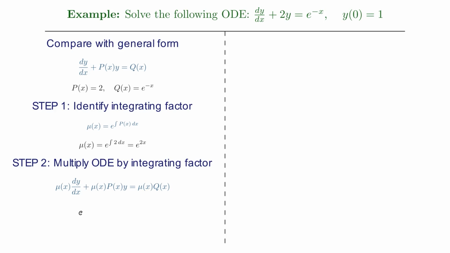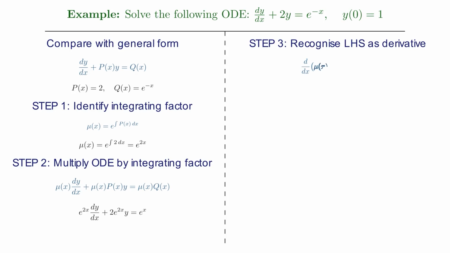This gives us e^(2x) dy/dx + 2e^(2x) y = e^x. If we've chosen the integrating factor correctly, we should always be able to see that that left-hand side is now the result of differentiation using the product rule.